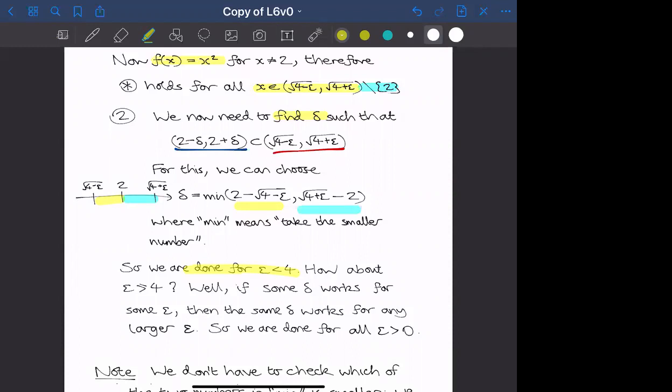So it's saying that if a certain delta forces the value to be within epsilon of the limit, and epsilon is 2, then if I want to force it to be within 4 of the limit, I can take the same delta. Same with any larger epsilon. So this logic always works. If the delta works for a particular epsilon, then the same delta is going to work for a bigger epsilon. So after that, we are done for all epsilon greater than 0.